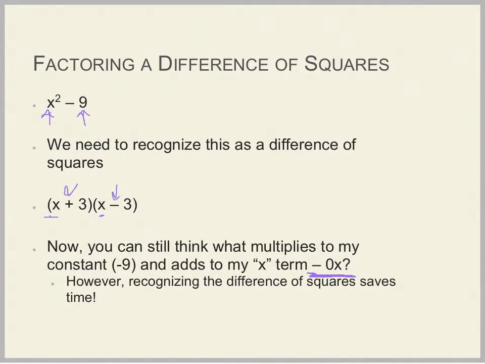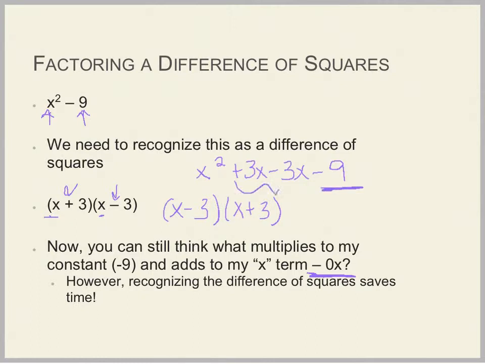And so we have an addition sign and a subtraction sign. And it doesn't matter whether you write this as x plus 3, x minus 3, or as x minus 3, x plus 3. Either way, when you FOIL or multiply this back out, you see that we have x squared plus 3x minus 3x minus 9. We definitely get that negative 9 by multiplying a positive and a negative, and these middle two terms become 0x.